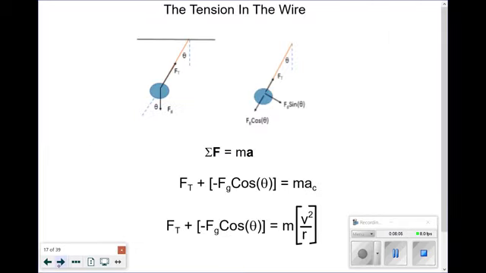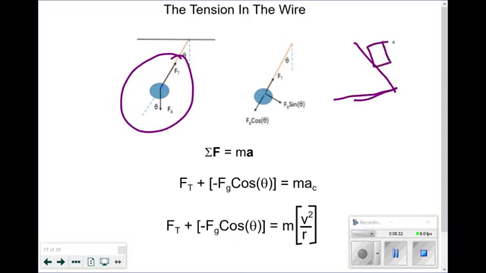The tension force in the wire can be found through our problem-solving process. Step one, always a free body diagram. And so we can see gravity pulling down and the tension force pulling along the wire. However, gravity is not parallel nor perpendicular to the motion, and so we're going to have to break gravity up into its components. This here is very similar to a block on an incline, where the normal force is in the same direction as the tension force.